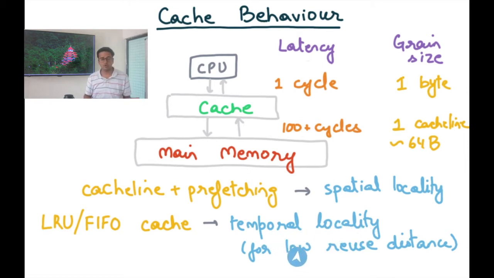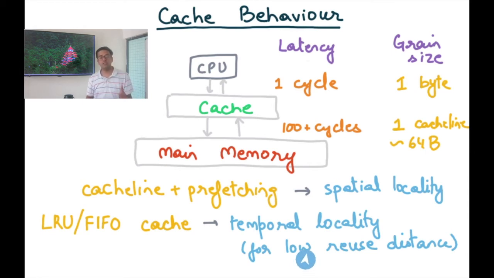The other way to state the property of temporal locality is that there is low reuse distance. The distance between two uses of the same location is small. And that is the assumption of temporal locality: typically small, or statistically speaking, it is small. So this is the assumption of low reuse distance.